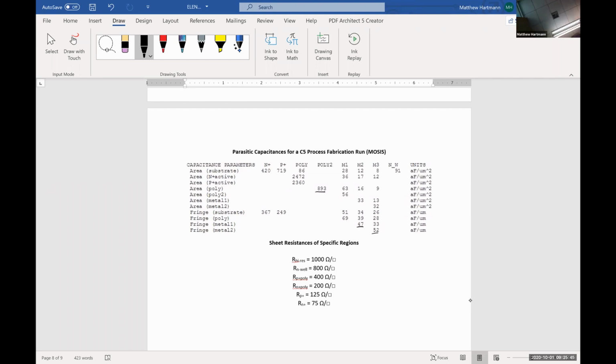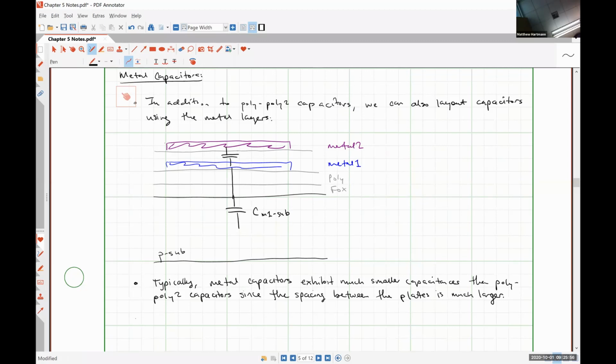So those capacitance values are much, much smaller, which means that large chip area is required to implement large capacitors.